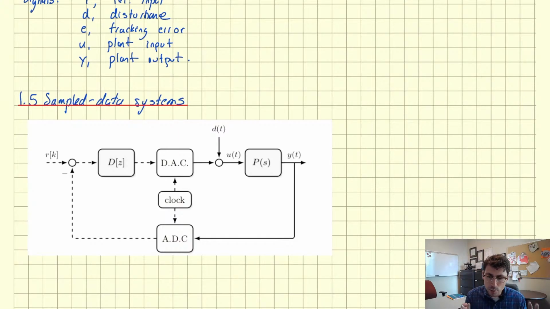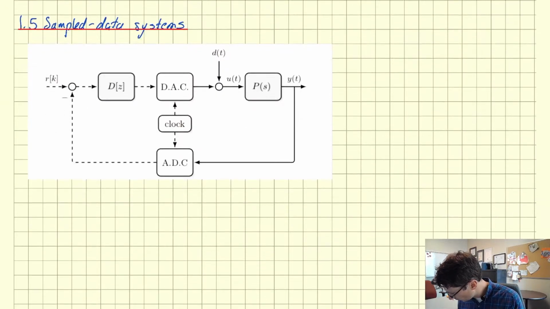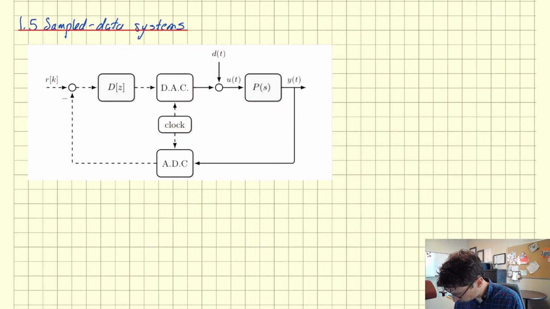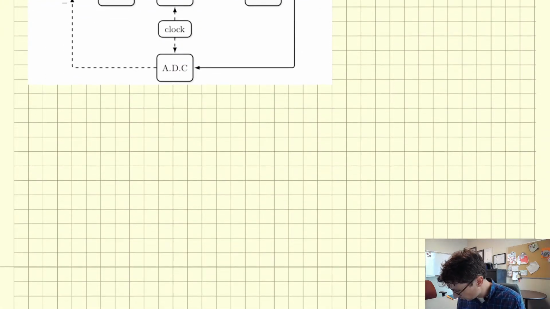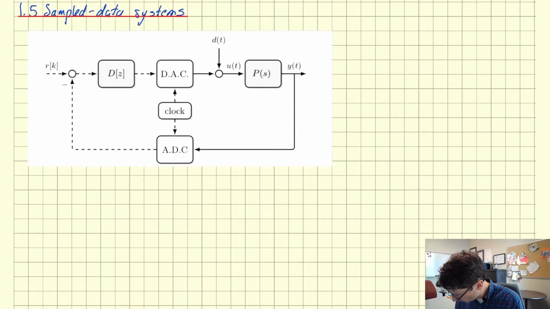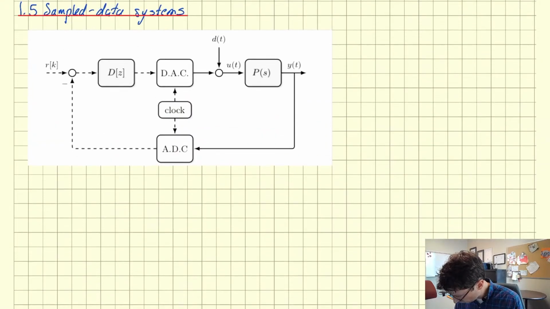And so what we're going to want to do is, the design problem is going to be, if I give you continuous time specifications for the physical system, design a discrete time controller to meet those specifications. So the design problem is, let's keep that in the image.